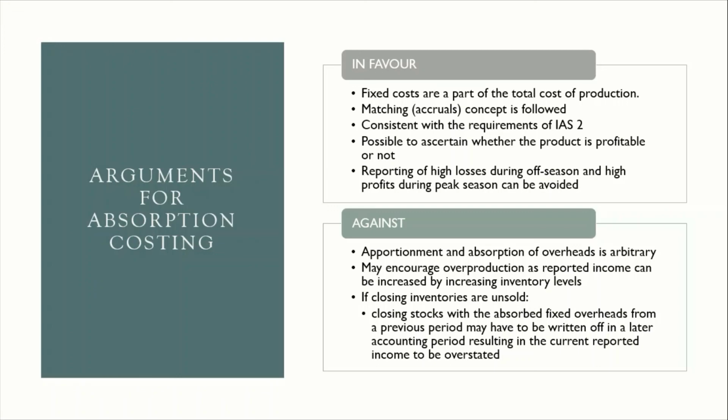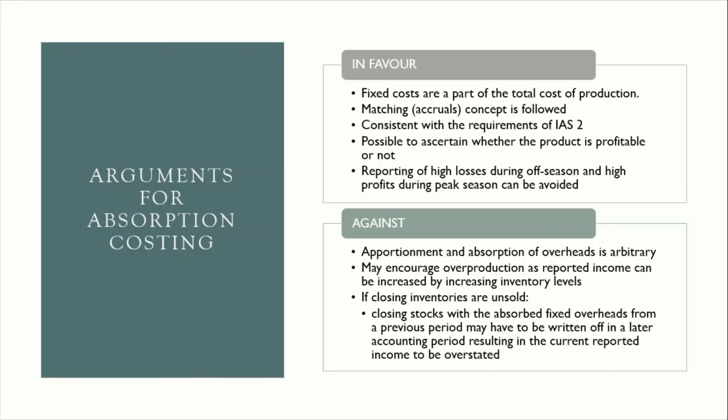Second argument is that it may encourage overproduction as income can increase by increasing inventory level. So from the statement, you can see that when the inventory increases, the income also increases. So this might encourage overproduction.